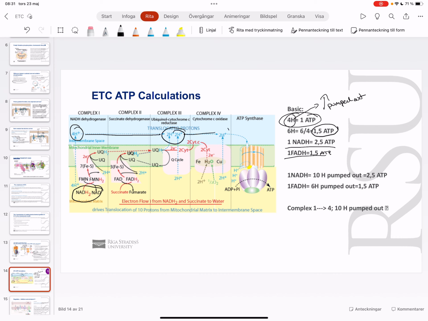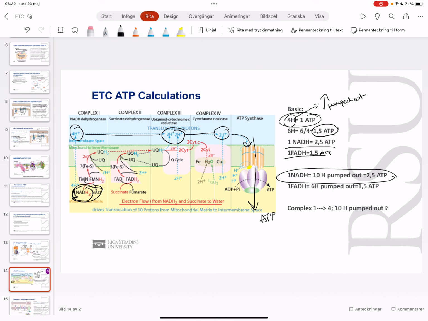And then in complex number 4, 2 hydrogens will be pumped out. That means that eventually all of them will go through the ATP synthase and produce ATP. And that means that we have 4 plus 4 plus 2, that equals 10. So from 1 NADH that has donated its electrons, 10 hydrogens have been pumped out. This equals 2.5 ATP.